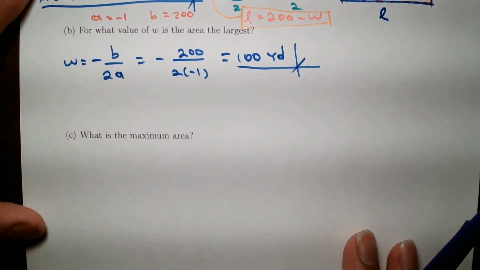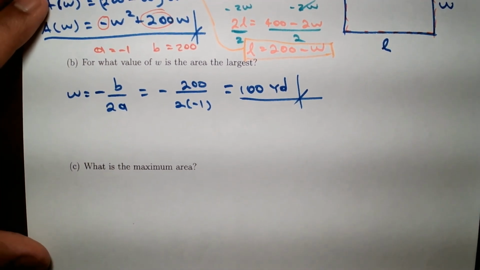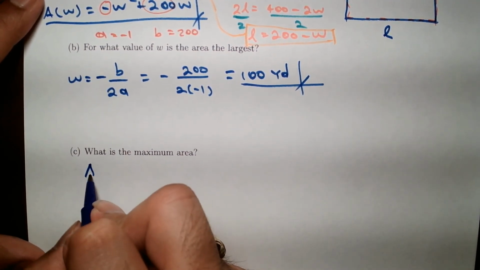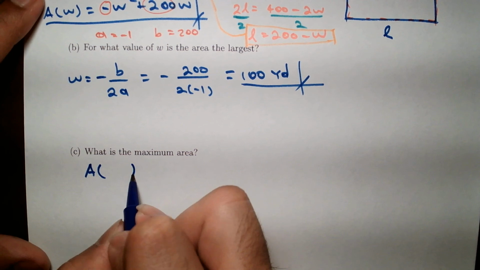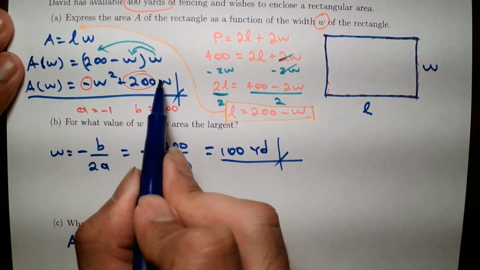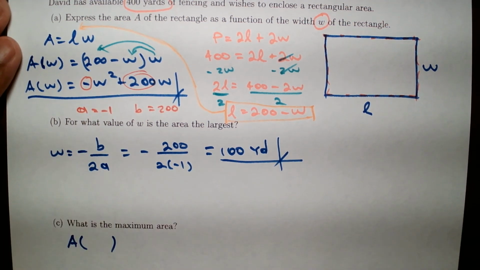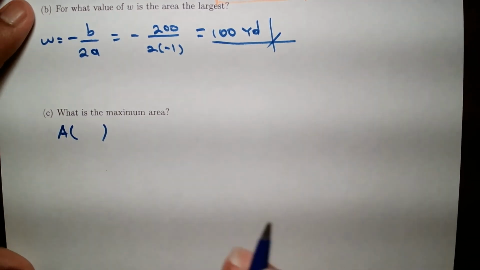What is the maximum area? Well, what do we do in this case? Plug in this 100, evaluate it in this quadratic function, in this function that gives us the actual maximum. All right, so let's go ahead and do that.